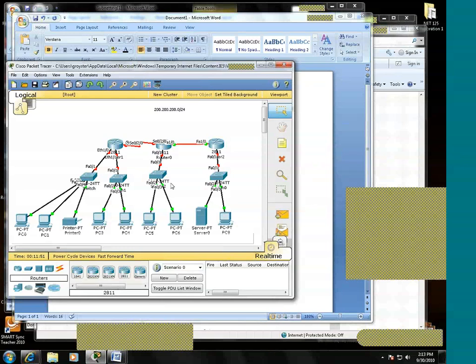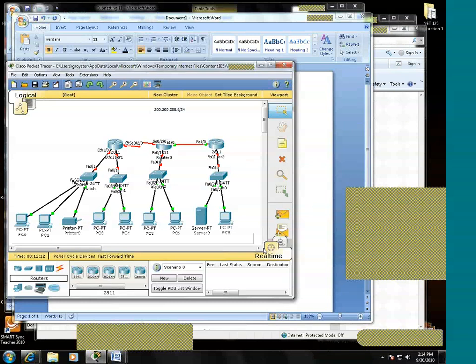Okay. So 2^n, what is n that will satisfy at least 6 networks? Okay, John says 2 to the 3rd power.